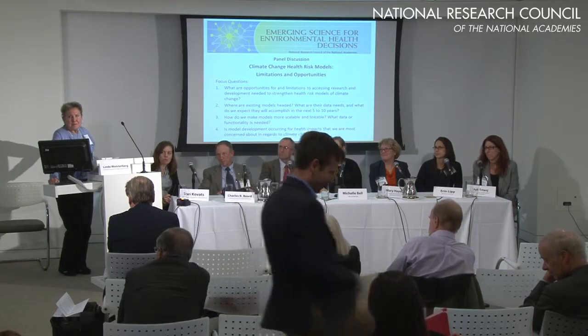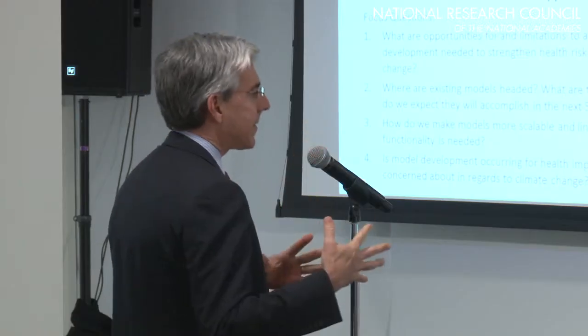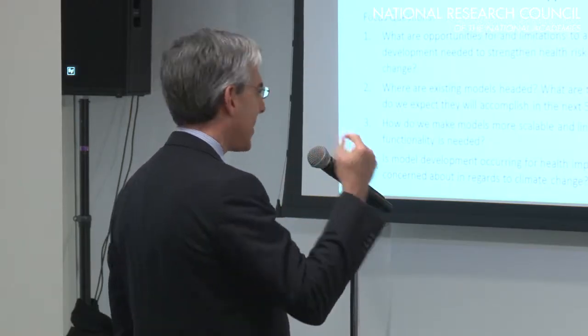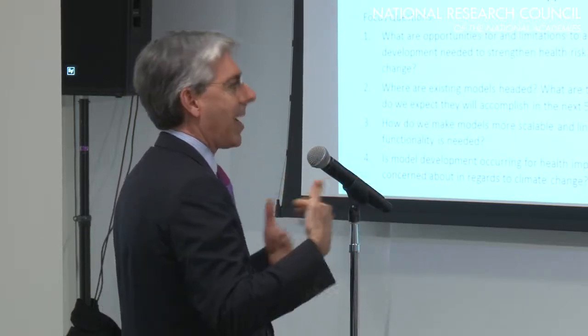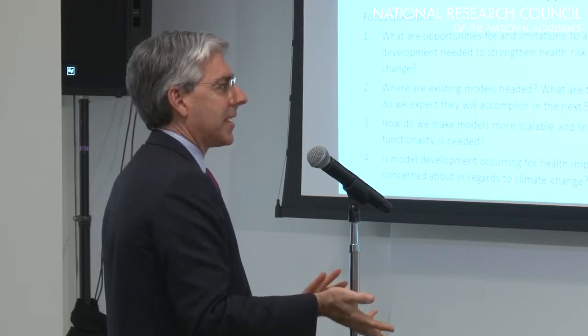John Balbus with NIEHS. It seems like we have a bit of an intractable problem where we keep saying we need really fine resolution health data, but we're never going to get it because of privacy concerns. For certain purposes, obviously, like census block by census block public health intervention, knocking on doors, you have to have that kind of scale data.